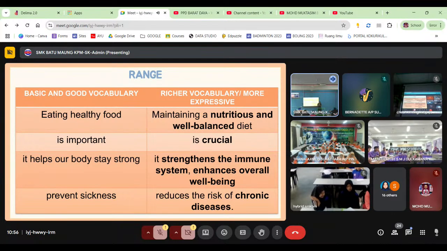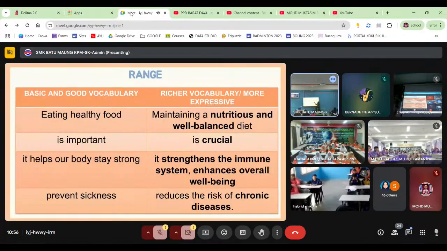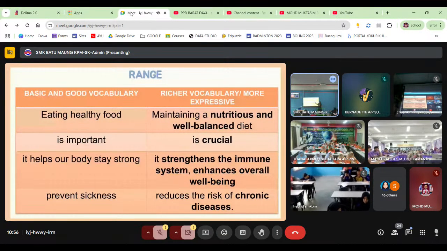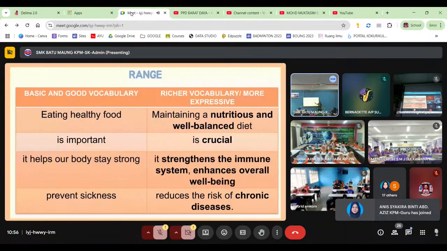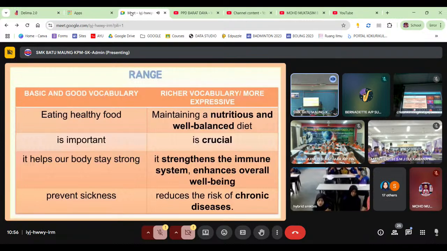Okay, that's what you must target. Use descriptive vocab. Alright, it's important. It is good vocab, but it is very common. Am I correct? So try to replace common words with less common words like crucial. Clear? Okay, same goes to the next phrase here. It helps our body stay strong.